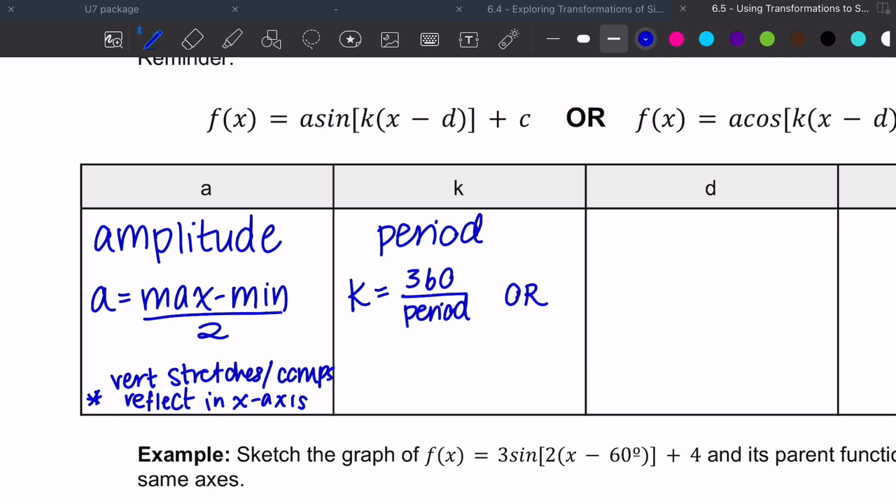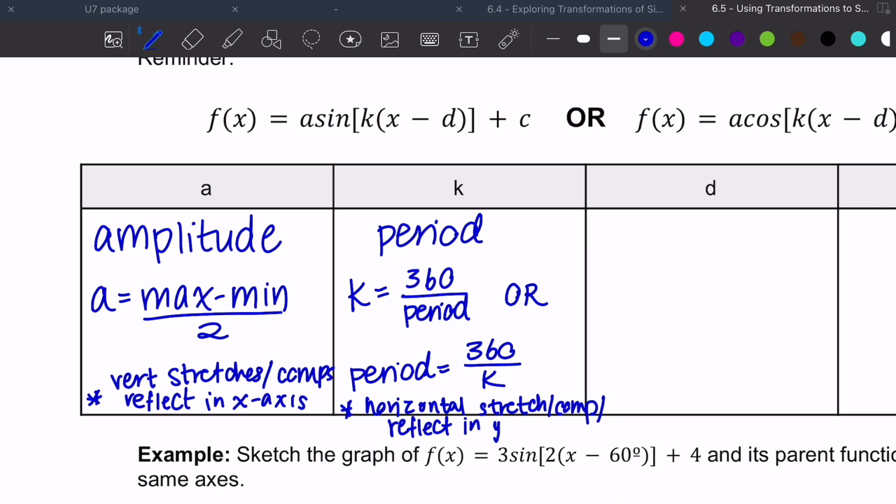Or if you have the K value, but you need to graph the period of the sinusoidal function, you can determine that the period is going to be 360 divided by whatever your K value is. And we said that this value on other parent functions represented horizontal stretches and compressions, as well as reflections in the y-axis.